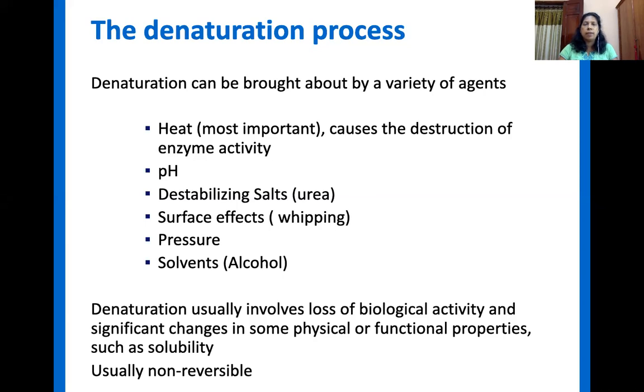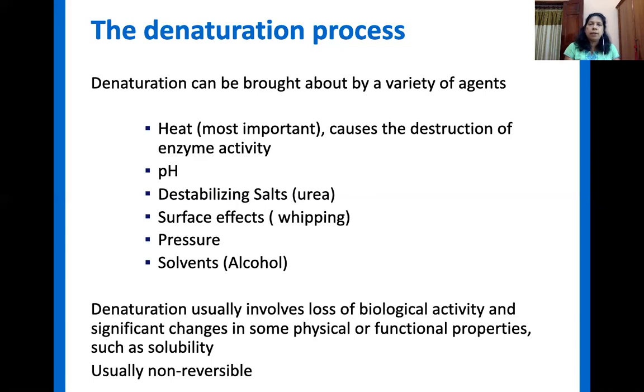The first is heat, which is the most important. It causes denaturation of enzyme activity, because proteins are also a kind of enzyme. Once we subject the protein to heat, sometimes we can't make it back, right?